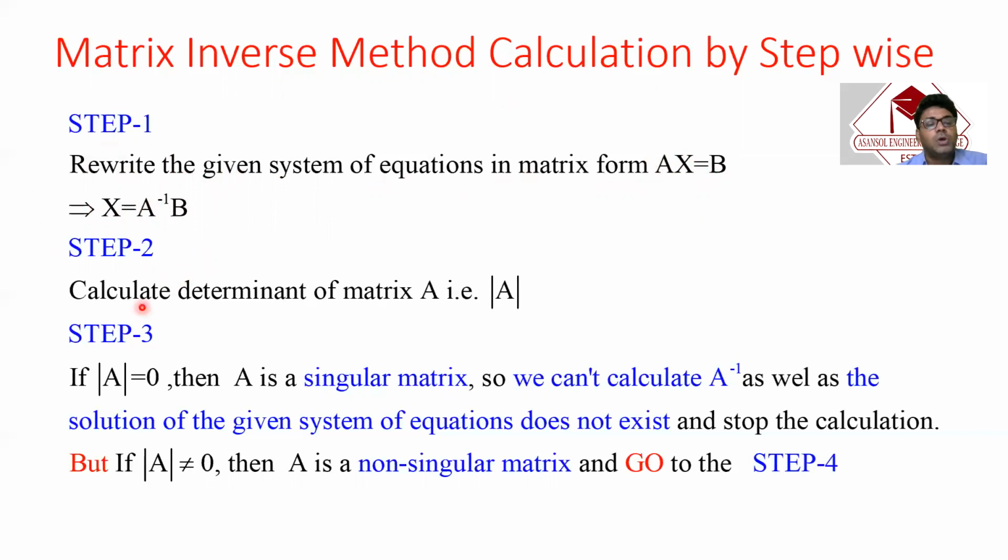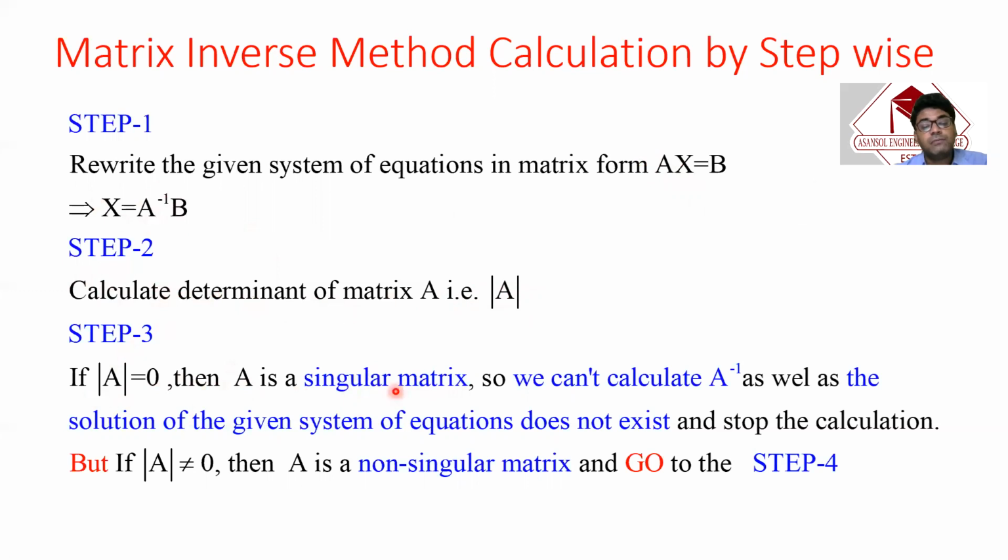Step number 2, calculate the determinant of matrix A, that is det A. From the system you can understand what your A matrix is. Then you have to calculate the determinant of A, because this step is very important. If determinant A equals 0, it means the matrix A is a singular matrix.